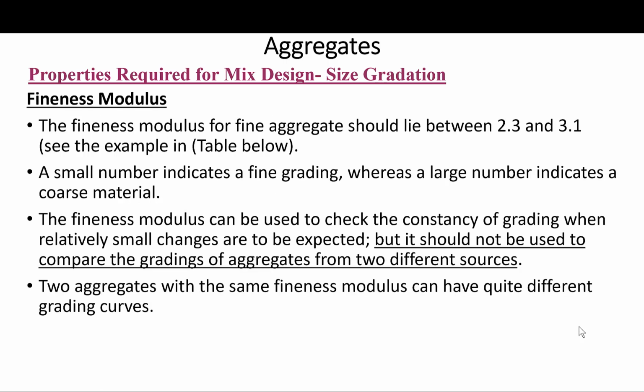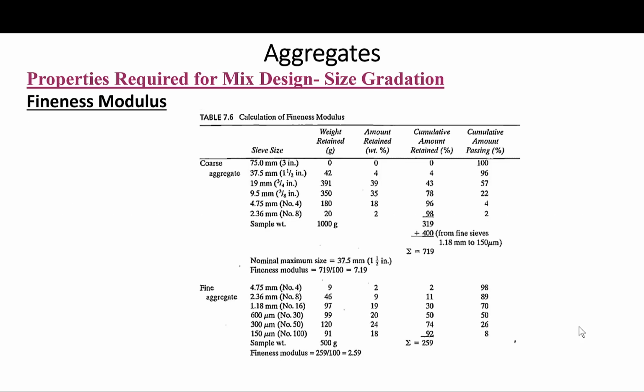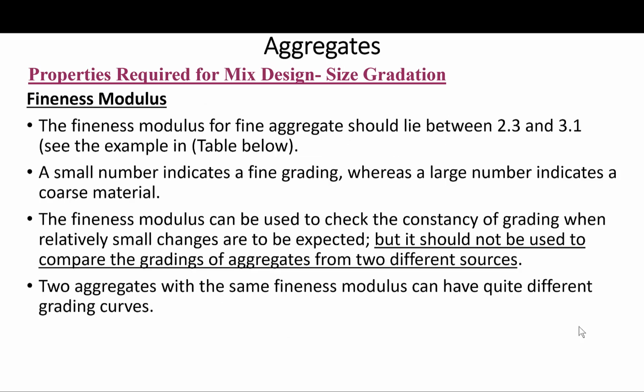So the fineness modulus for fine aggregate should lie between 2.3 and 3.1, as shown in this sample calculation here. A small number indicates a fine grading, whereas a large number indicates coarse material.